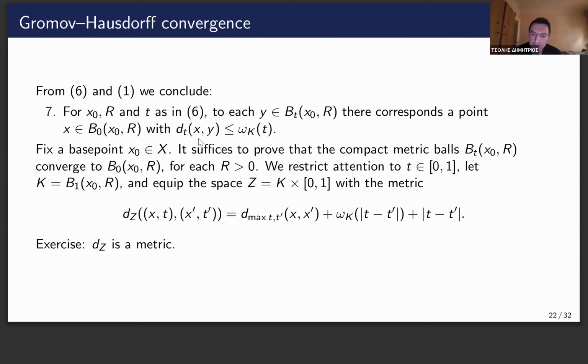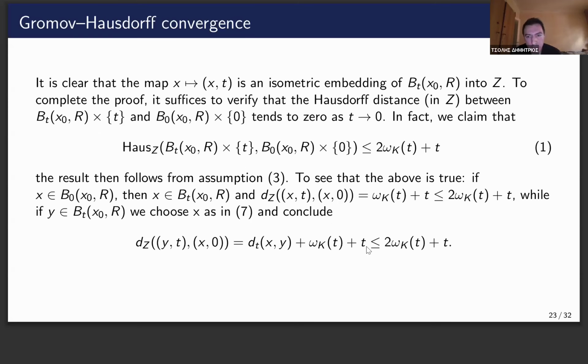Using this, we can find this bound here, which is exactly what we wanted. And using assumption 3, you can just get the required. So essentially, what we have proved is that this family of metric spaces actually converges to the Sub-Riemannian metric.